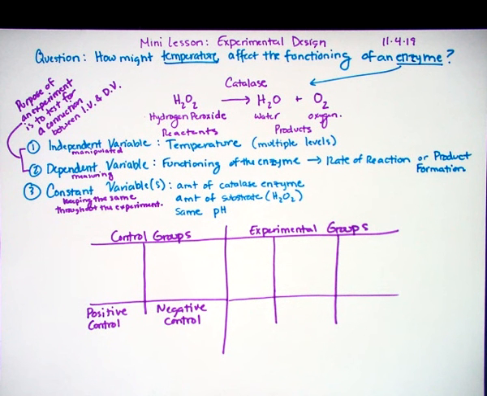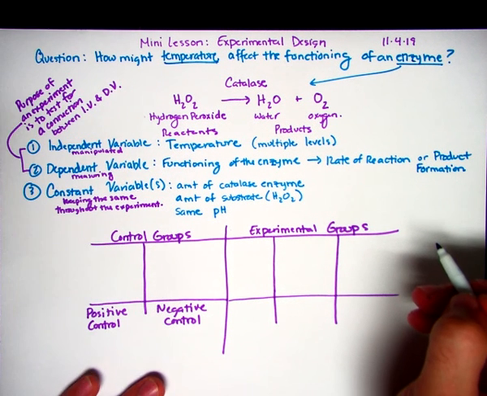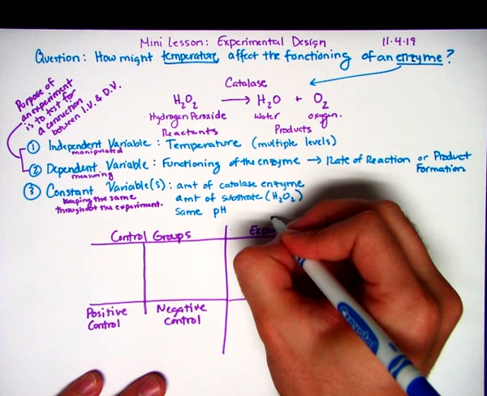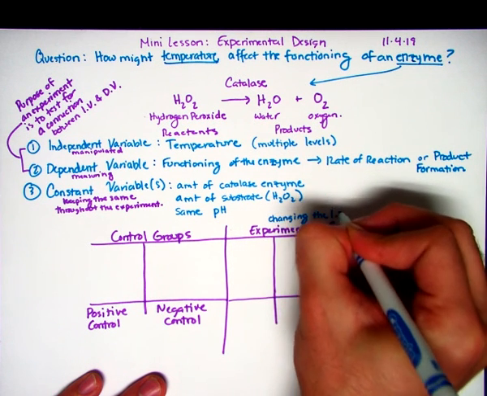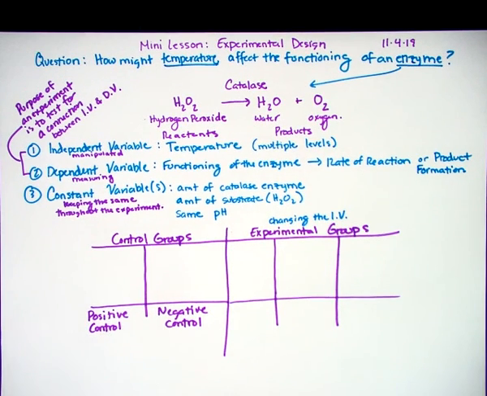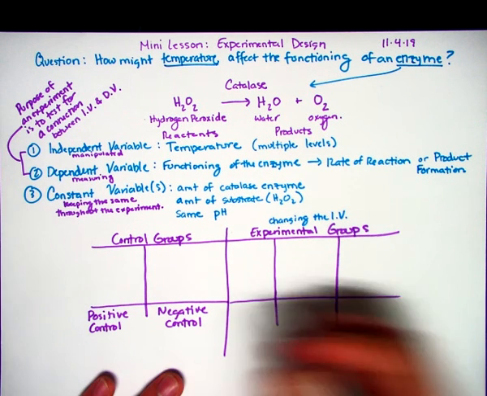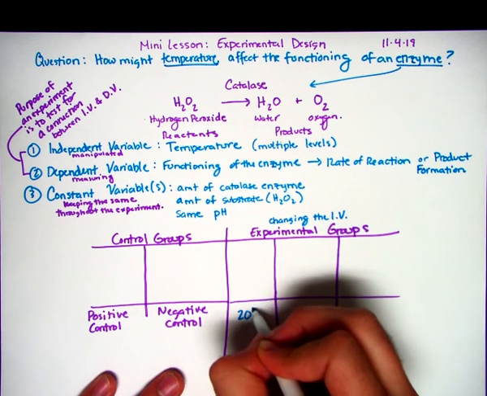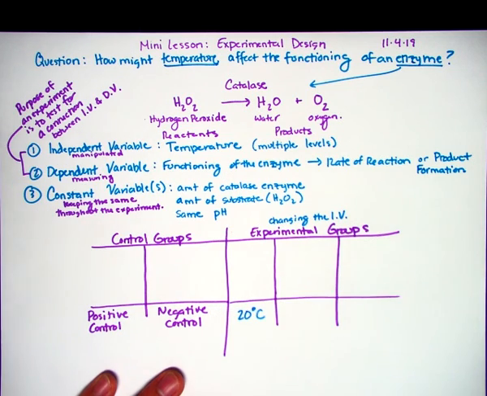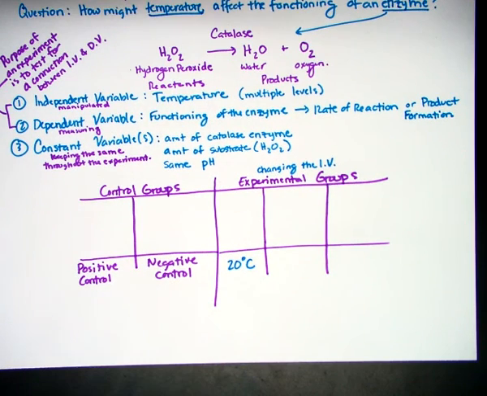Okay. So, the experimental group, we are changing the independent variable, the IV. So in this scenario, let's say this first level, I'm going to conduct the experiment at 20 degrees Celsius.